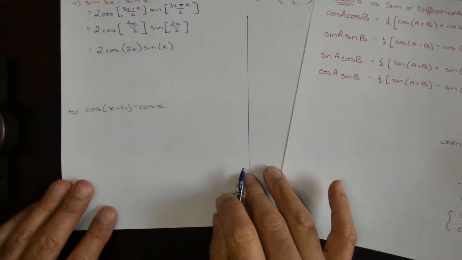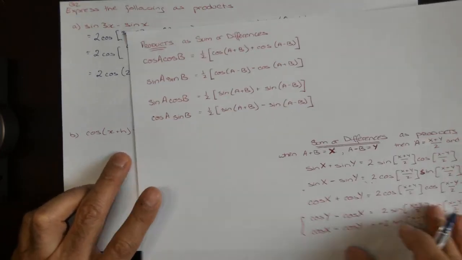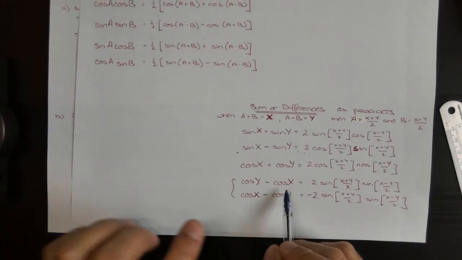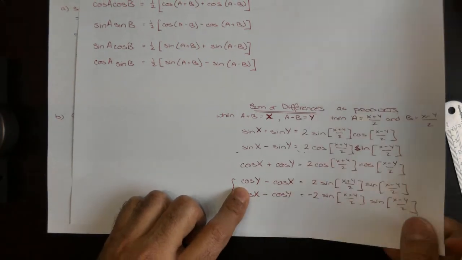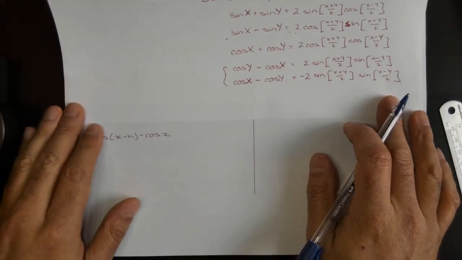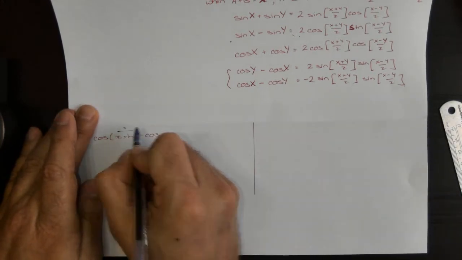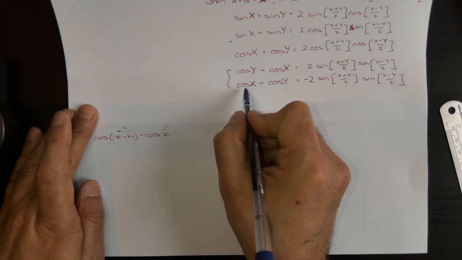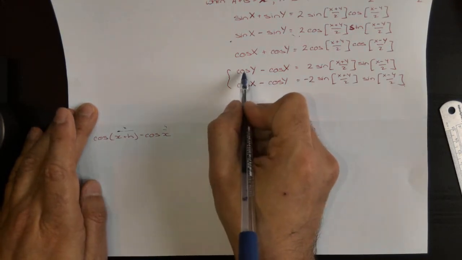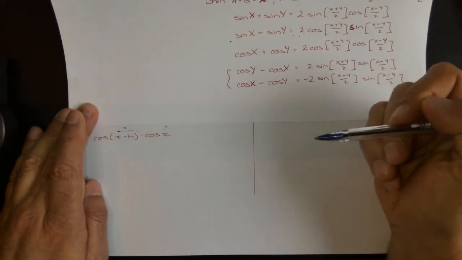Okay. Now we have cos of x plus h minus cos x. So looking at it, we've got subtraction of cos and cos. So we've got this subtraction. Let's call this part our x, and this is our y. So I'm going to use this one, right? No, because remember we did equation 4 take away 3 to get a positive.